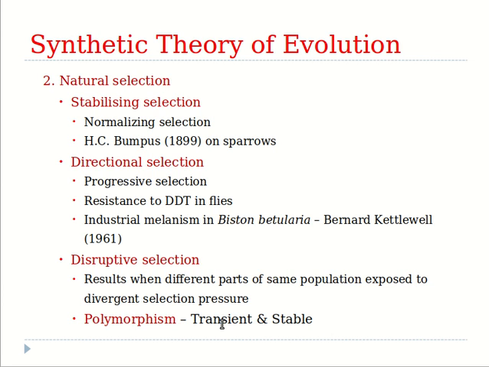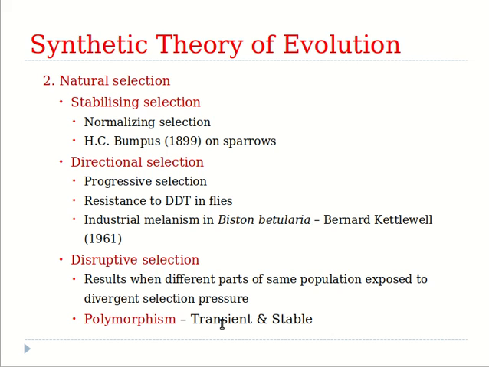Here, with a typical example of the peppered moth, we can explain. In an industrialized area, before the industrial revolution, the tree trunks were covered with lichens in unpolluted conditions. So light colored peppered moths were present in plenty.